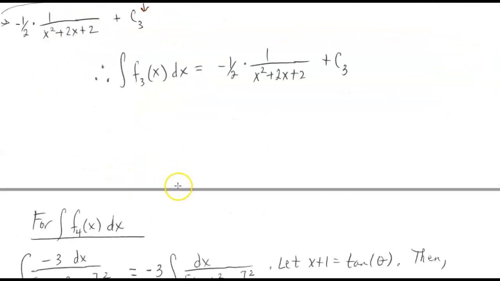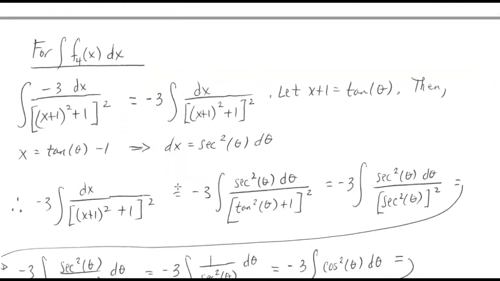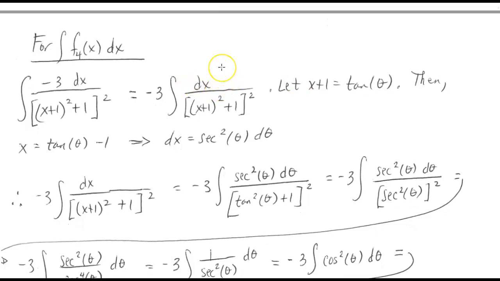So lastly, with number 4. For this one, we see that we have something that looks kind of close to something that would give us tangent inverse here. But notice that we got the squared there, okay?